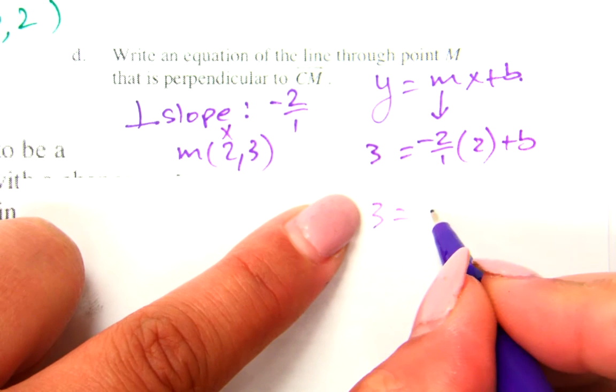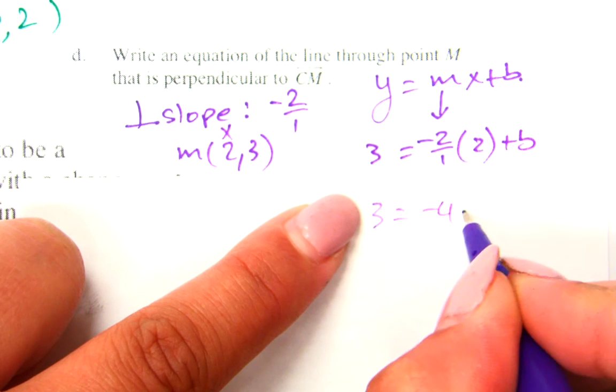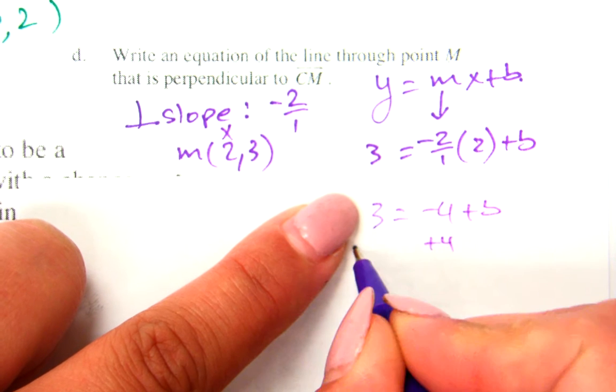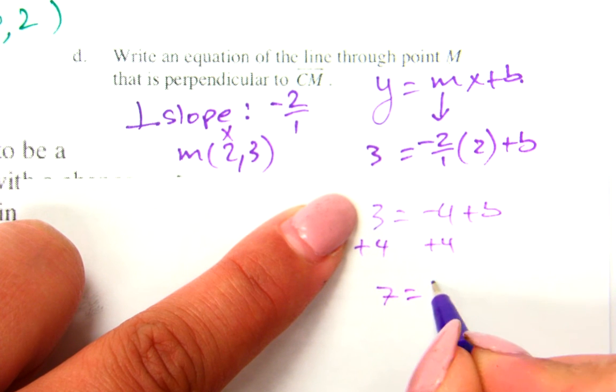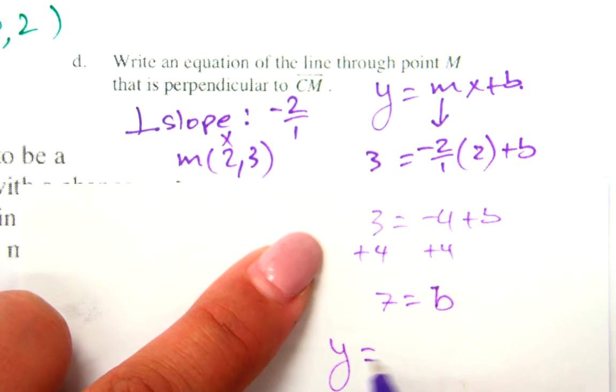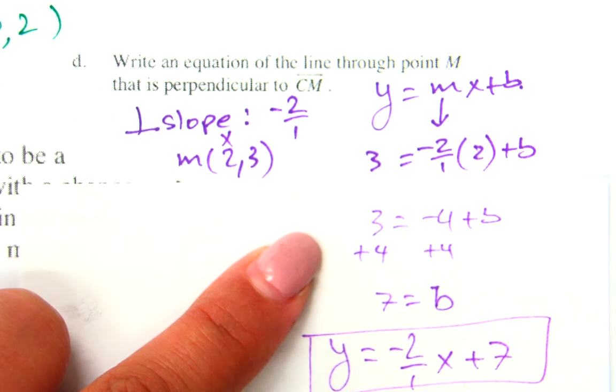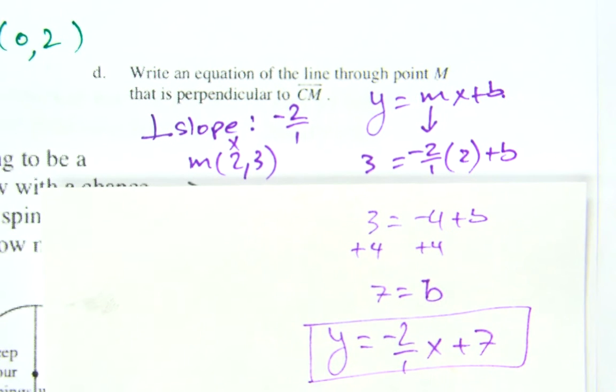So we have 3 equals negative 2 times 2, which is negative 4, plus b. So add a 4 to both sides, solve for b. You have 7 equals b. So finally your answer is negative 2 over 1 x plus 7. Okay, and you're good to go.